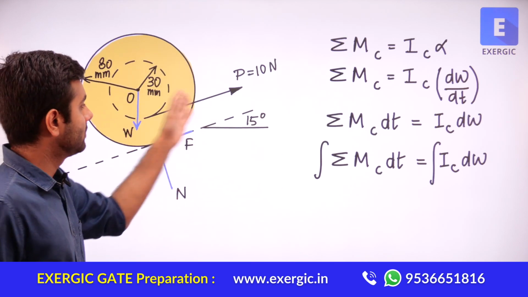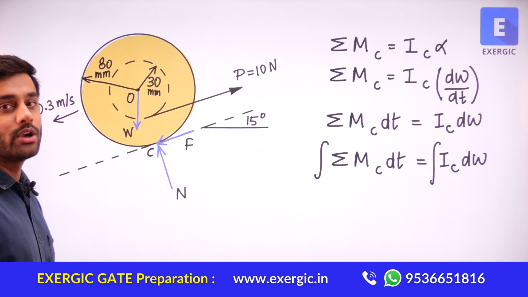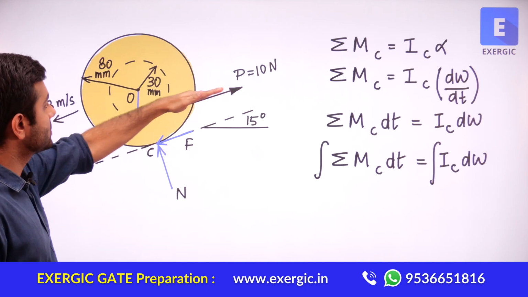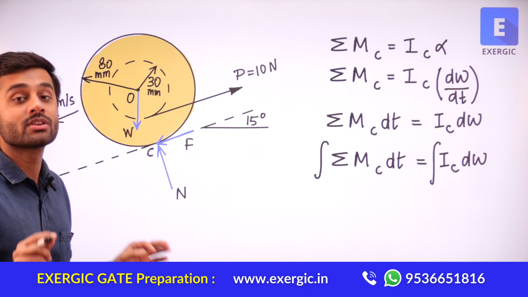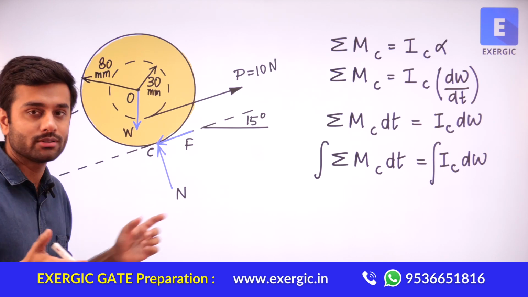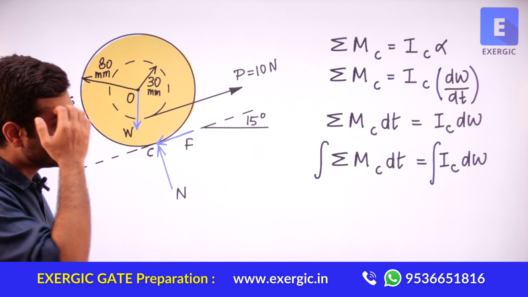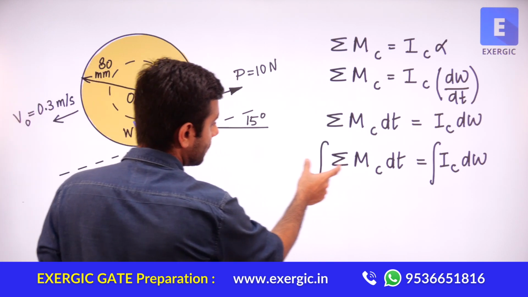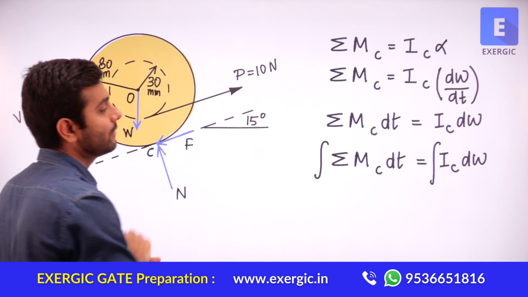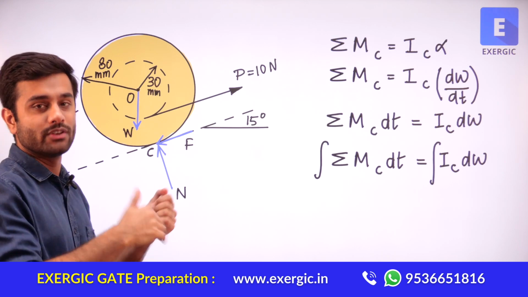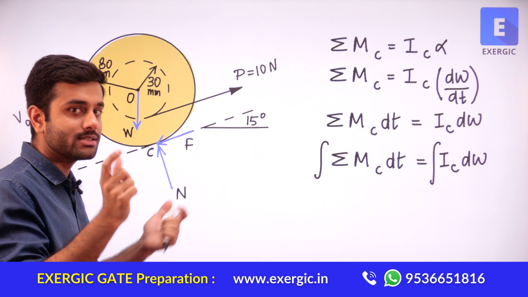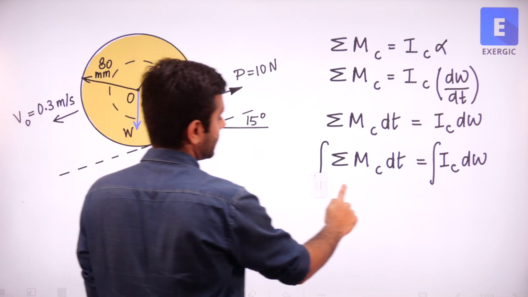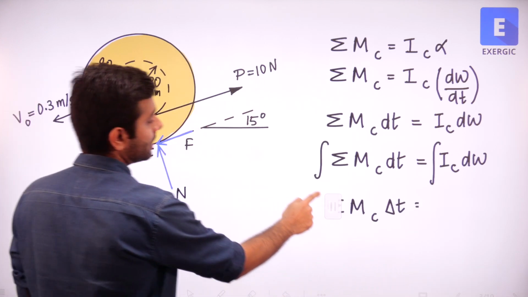Now here you will see that all the forces, P, weight, N, F, are not changing, and the point of application is also not changing. So this is a constant and will come out of the integration, and then you will have the integration of dt, which will be t2 minus t1, basically the duration during which the moment or forces were acting. Right? So I have written it like this.